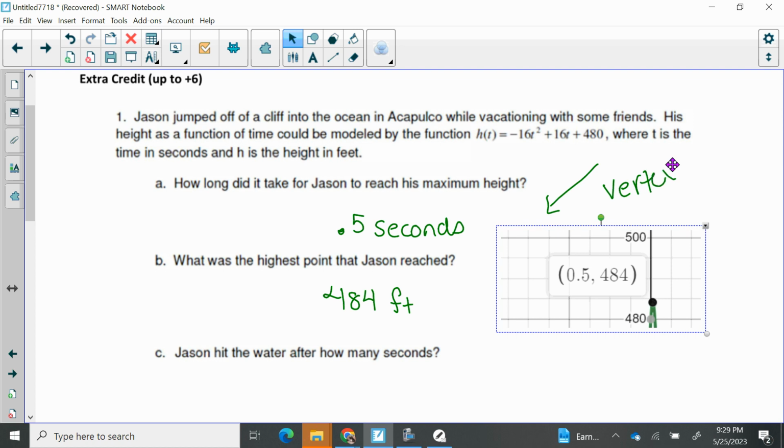And remember, the vertex of a parabola is either the maximum or the minimum. Because this is a negative in front, it's going to be facing down. So this becomes a maximum, okay?